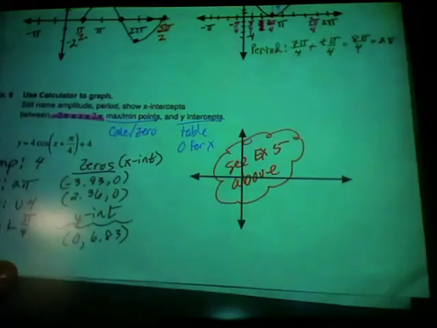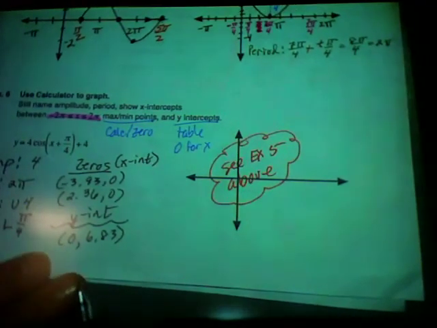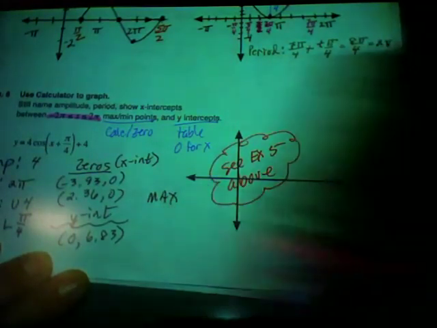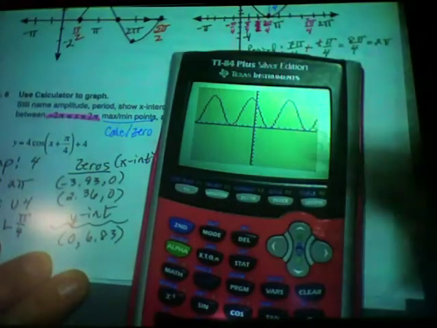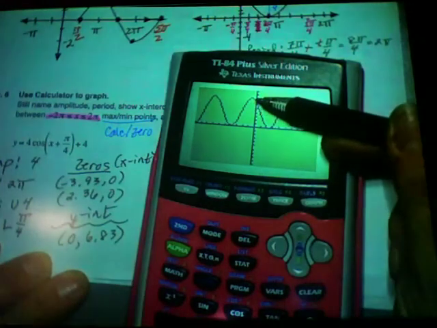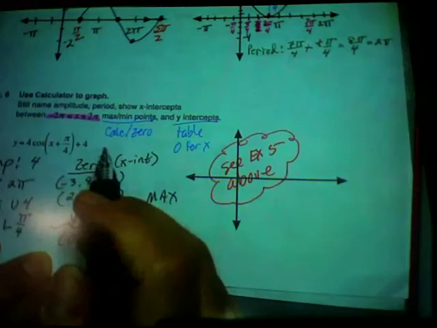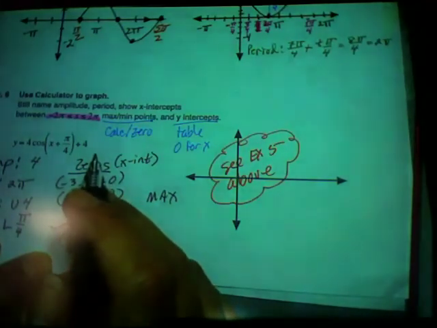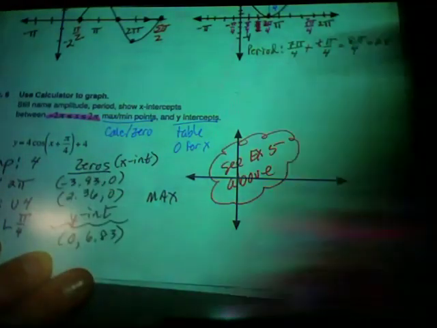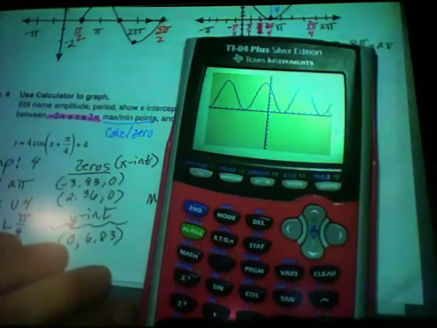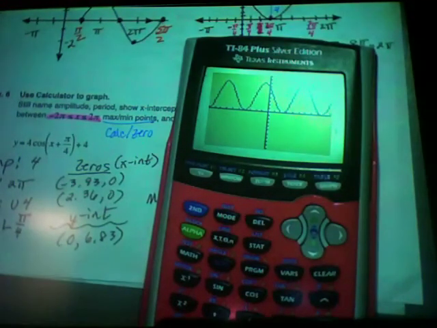And then last we want max and minimum points. So we already found our max. What was that? So on here, this was our max, right? Our relative max. What was that value? 8. But it was 8 what? Let's go back and look at our x value. Well, it's really negative pi over 4, isn't it?